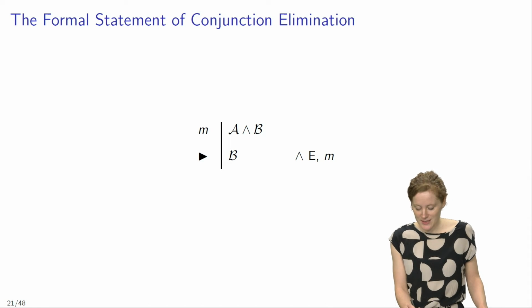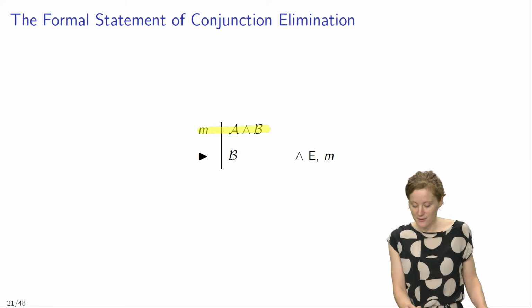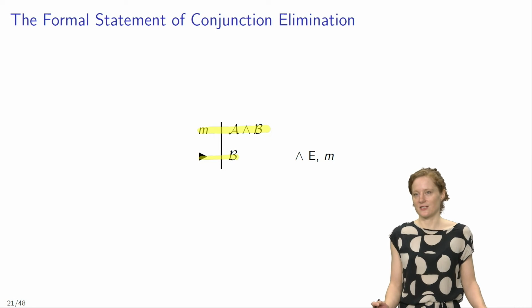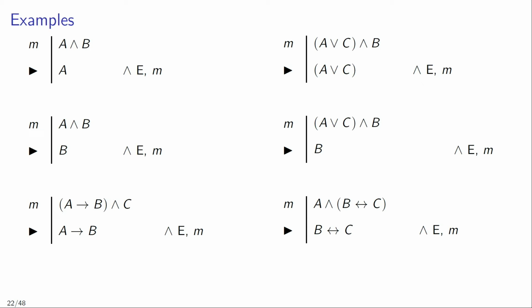So suppose that just as before, we have the conjunction A and B in line M of our proof. We can then infer the second conjunct B and justify this inference citing conjunction elimination. So here are a few applications of the rule conjunction elimination. The first two examples we have already encountered.